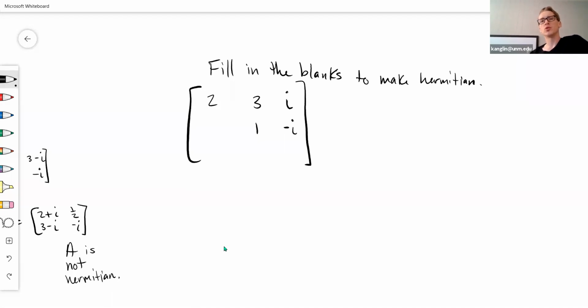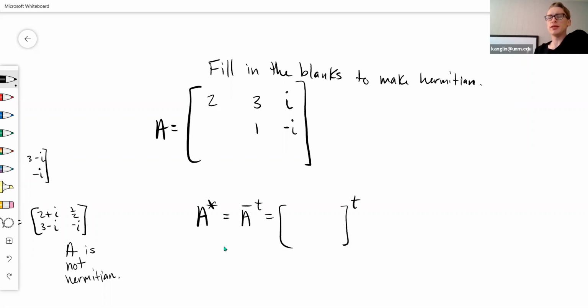So what does that mean? If this is like our matrix A, what would the conjugate transpose look like? Well, the conjugate itself, before we even apply the transpose, is pretty easy to write down. Just flip the signs on all the imaginary parts.